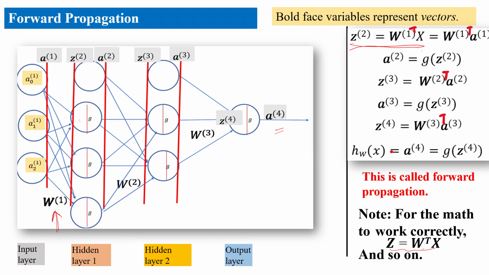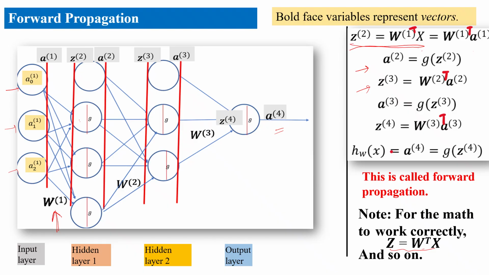Now X is also A1 because this is the input X, and that comes out as A1 because these are linear activation nodes. Then A2 is nothing but g applied to Z2. Z3 is W2 transpose into A2.